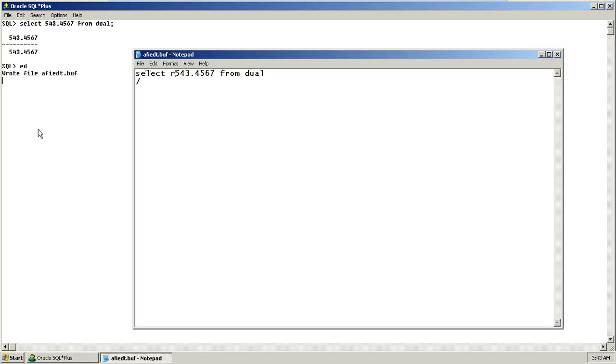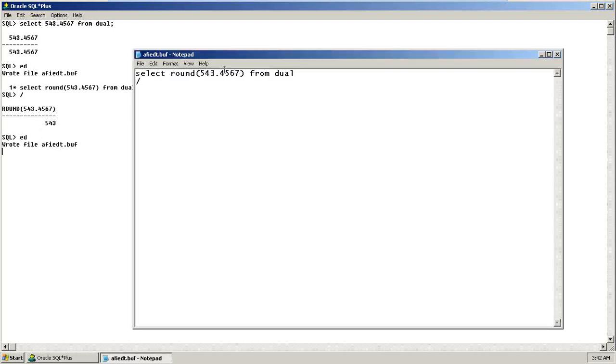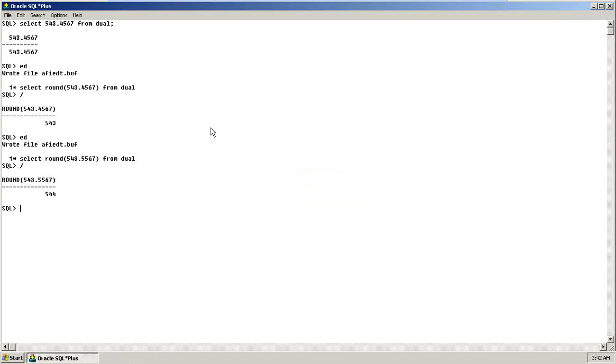I'm writing the function round of 543.4567. It rounds the value to a whole number and eliminates the decimal. It is giving 543 because here 4 is there, which is less than 50%, so it goes to the previous value. If 5 is there, it rounds to the next value, that is 544. Okay.